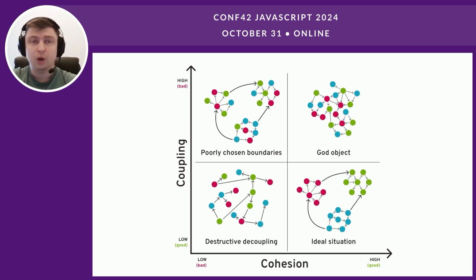On the y-axis, you can see coupling, and on the x-axis you can see cohesion. There are many combinations of them, and the best one is low coupling and high cohesion. And here you can see why it's better. If you don't know about this pattern, I also recommend you learn about it a little more.